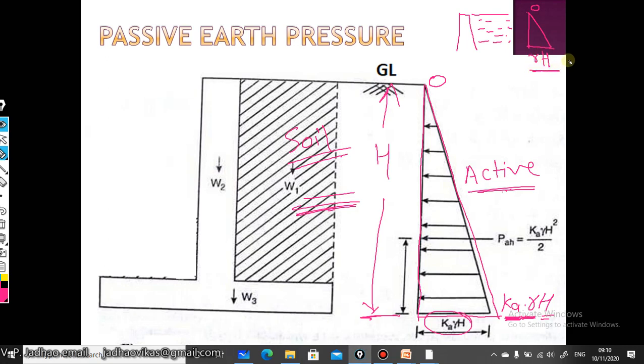Whereas in case of earth retaining walls, we will consider the earth pressure at the base as Ka into gamma h, where Ka is the coefficient of active earth pressure, because the soil will not act like water. The behavior of soil will be different. Therefore we are considering this coefficient of active earth pressure in case of retaining walls.